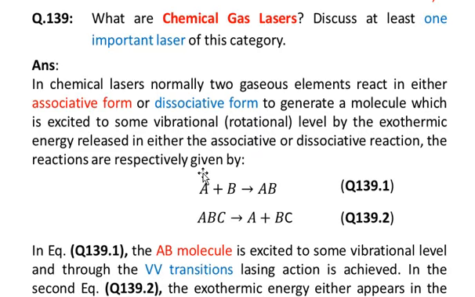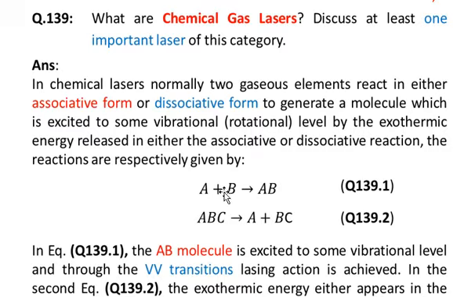The reactions are respectively given by A plus B gives you AB, and ABC gives you A plus BC. The first reaction, A plus B gives you AB, is an associative form, and ABC, which dissociates, will give you A plus BC, is a dissociative form of the reaction.